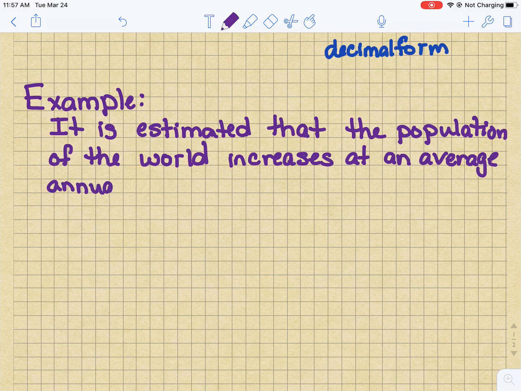In case you don't know what annual means, that means yearly. And you'll see that word a lot when we're talking about growth.